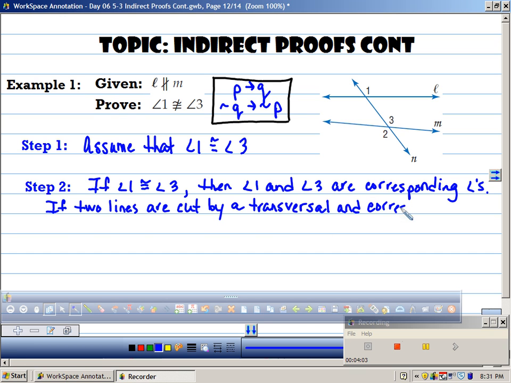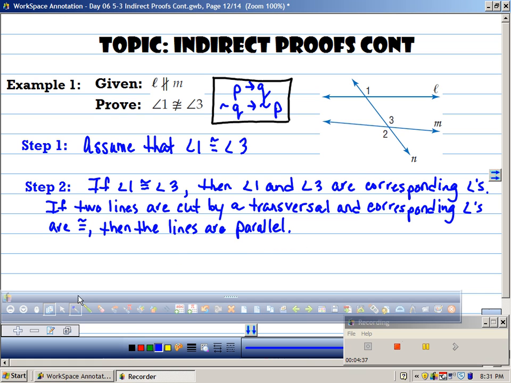And corresponding angles, I don't have to repeat myself. Corresponding angles are, I'll abbreviate here, got enough writing that we're doing, congruent when the lines are, I'm going to go ahead and write this one out, parallel.